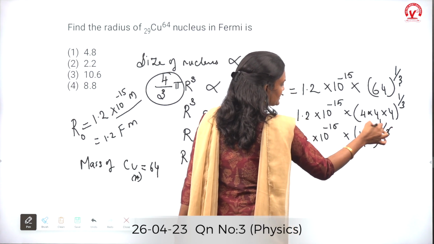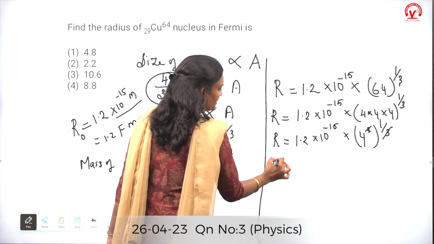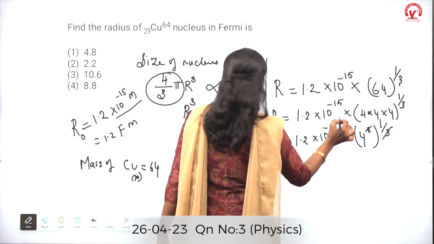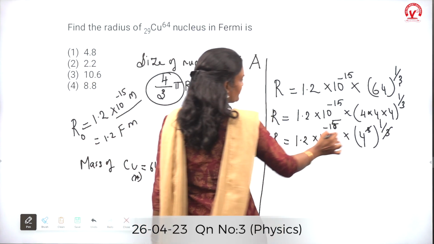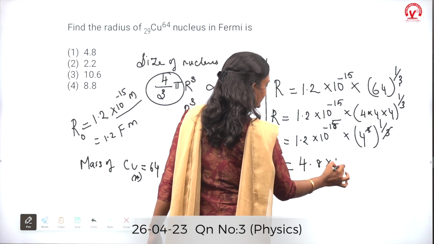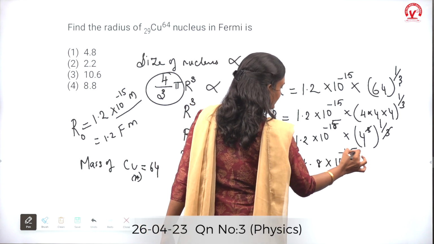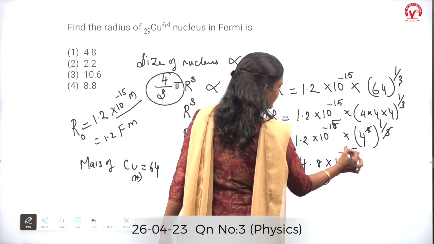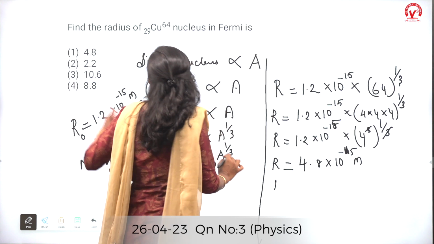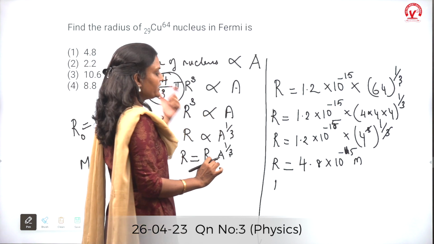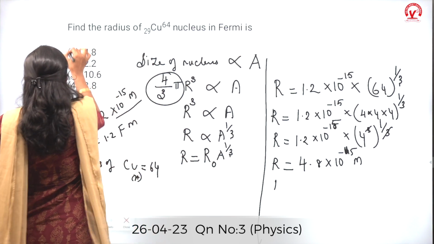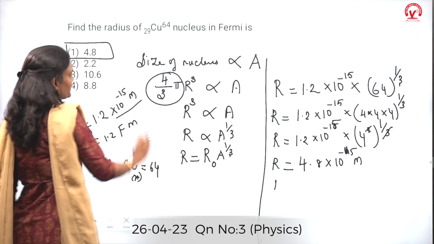The 3 cancels. Now, if you multiply this, you will get R equal to 4.8 into 10 power minus 15 meter. Here R is 4.8, which is represented in Fermi only. So option 1 is the correct one.